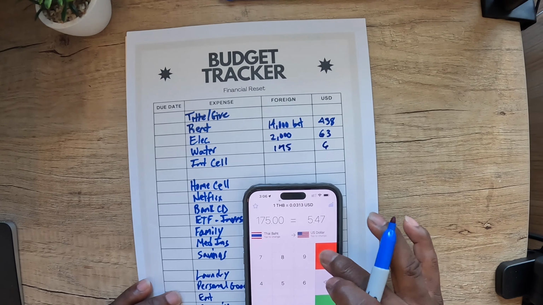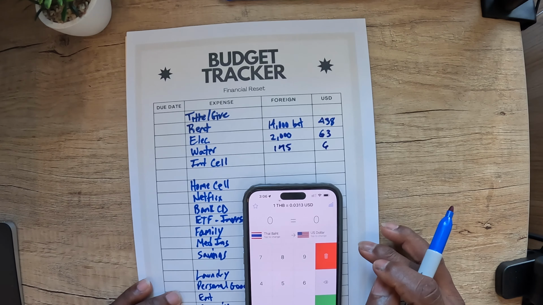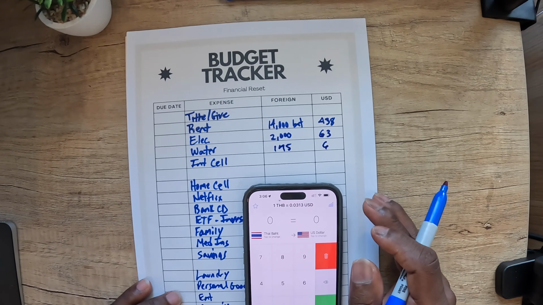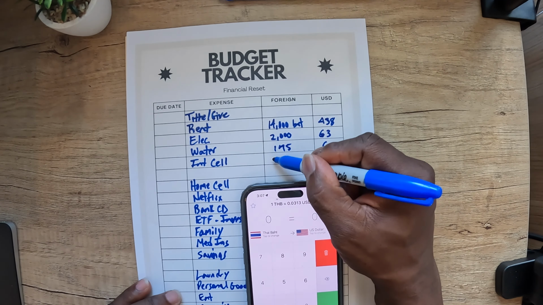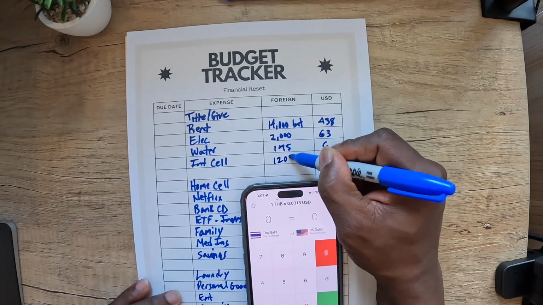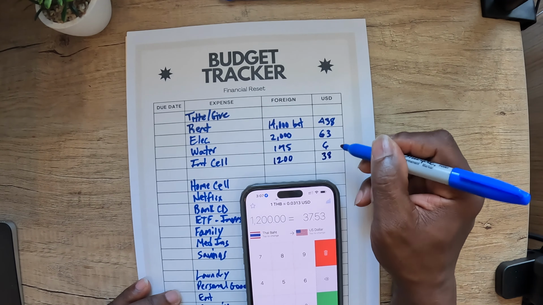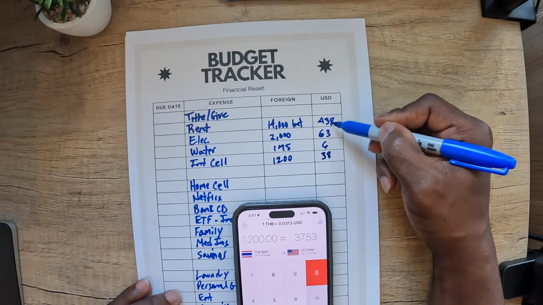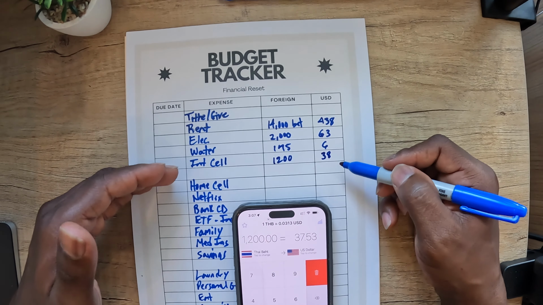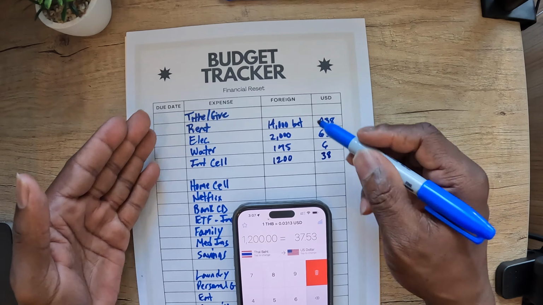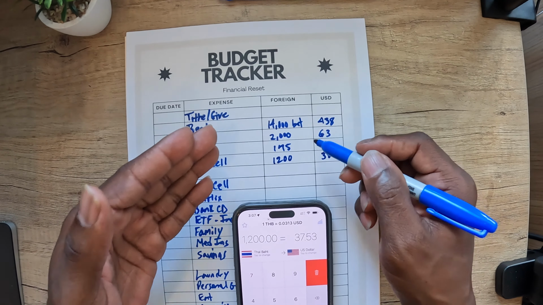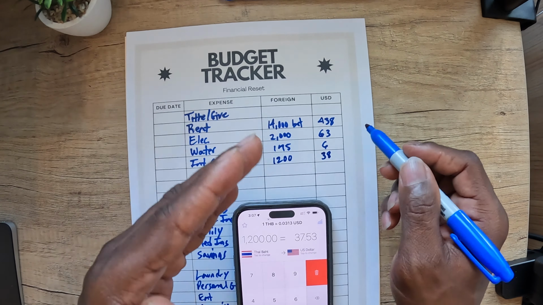Next non-negotiable is my international cell phone, which averages around 1,200 baht a month, and that comes to 38 US dollars. This section, the non-negotiable, will use the cash envelope system as mentioned earlier and be marked off whenever each bill has been paid.